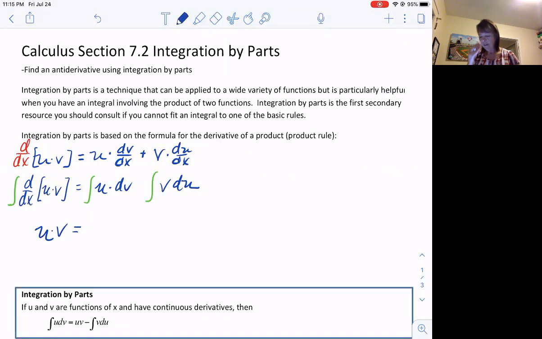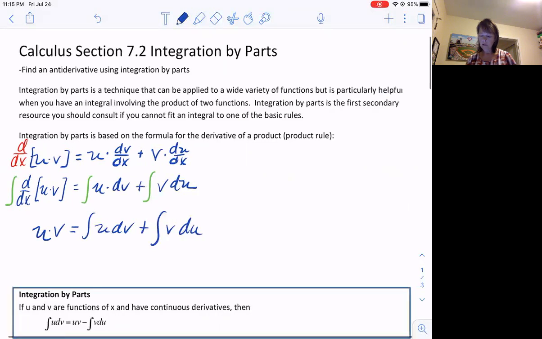Then if I take the integral of each side, I take the integral of the derivative, getting back to u times v, and that's equal to the integral of u dv, I'm sorry, I missed my plus sign there, plus the integral of v du.